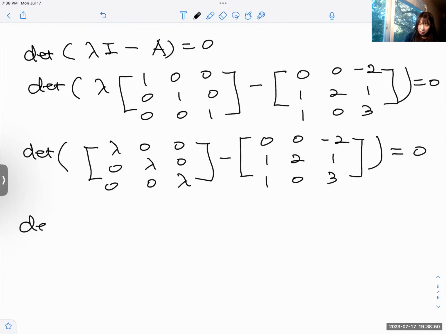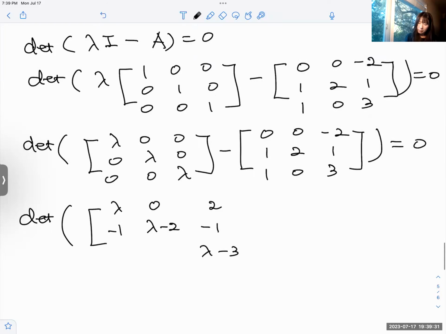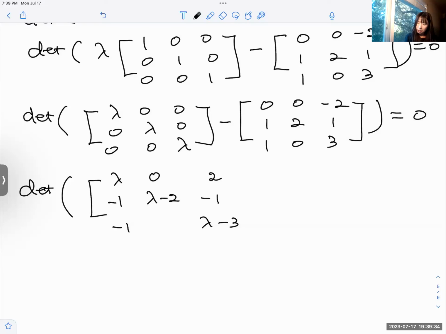Okay, so we will get lambda, lambda minus 2, lambda minus 3, and 0, and that is positive 2, and that is negative 1, that is negative 1, 0.